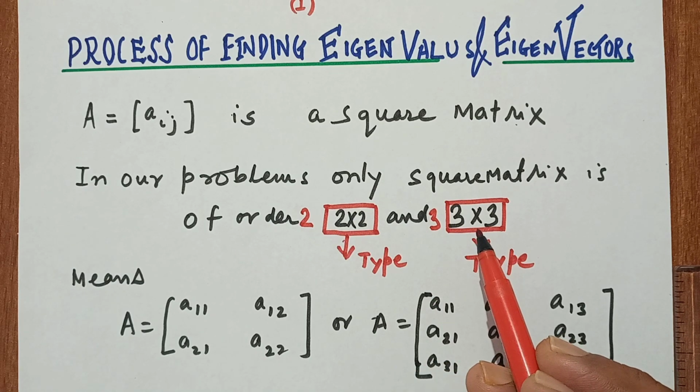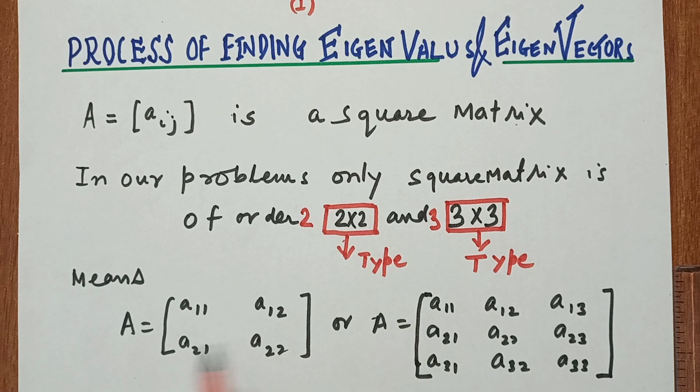So let us suppose this is a square matrix, that is, A is equal to A11, A12, A21, A22. The number of rows is 2 and the number of columns is 2, so this is called a square matrix of order 2.